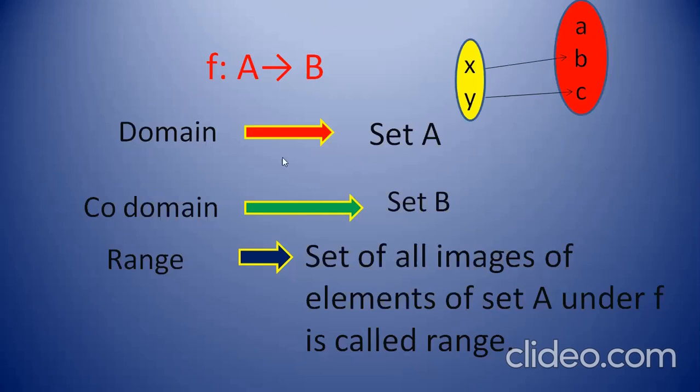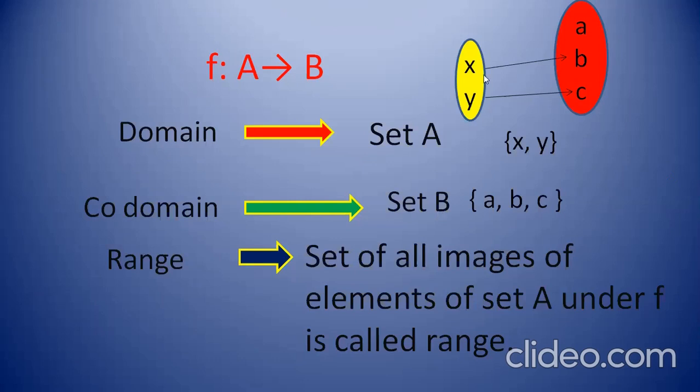So we can say the domain is x and y, because these two elements lie in set A, and the codomain is a, b, c, because these three elements lie in set B. Look at the range.